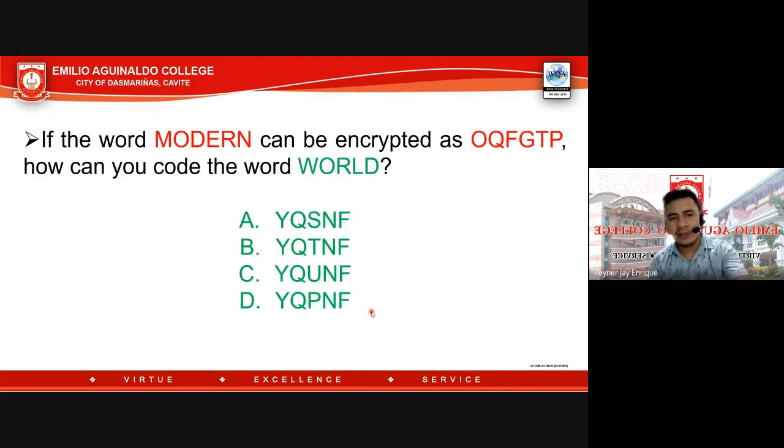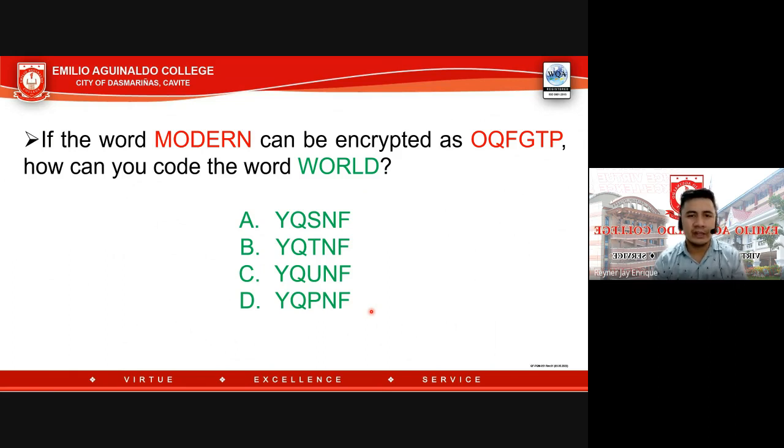So for our first example, this has something to do with cryptography. When we say cryptography, it is used to enhance the security of the message or the word. So yun yung gagawin natin dito. We're going to encrypt the message so that the original message cannot be read unless you know the encryption pattern.